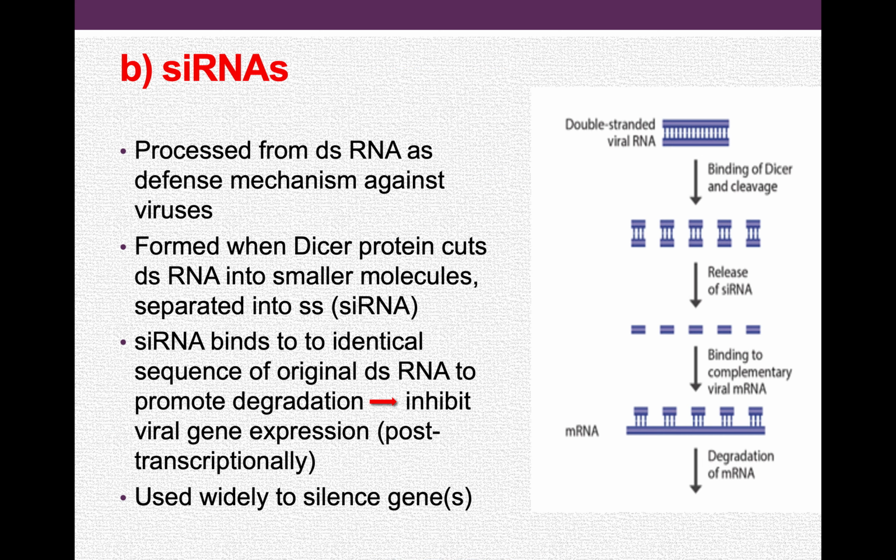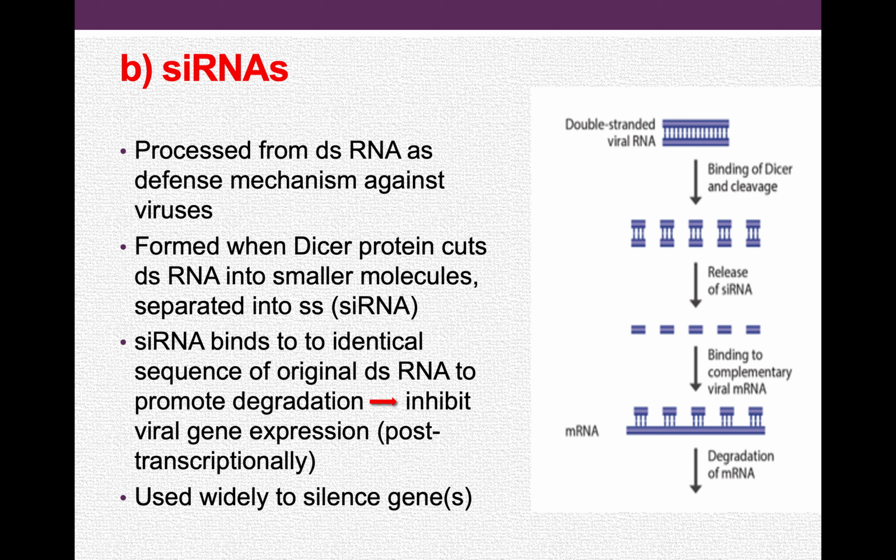Now, the second one is the small interfering RNA. So for the siRNA, or sometimes referred to as short interfering RNA, of course it's small in size, so it is processed from double-stranded RNA as a defense mechanism against viruses, and the first study was basically done in virus.